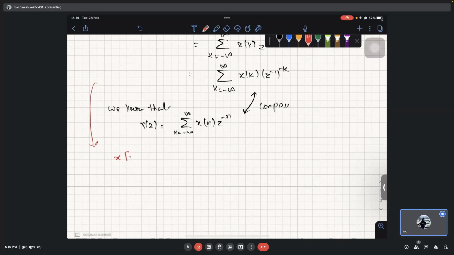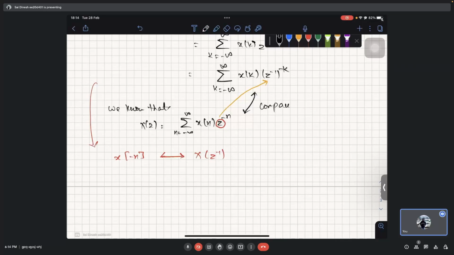So now we know that for x(-n), if we see z, this actually corresponds to z inverse, which means that the Z transform of x(-n) is X(z^(-1)).